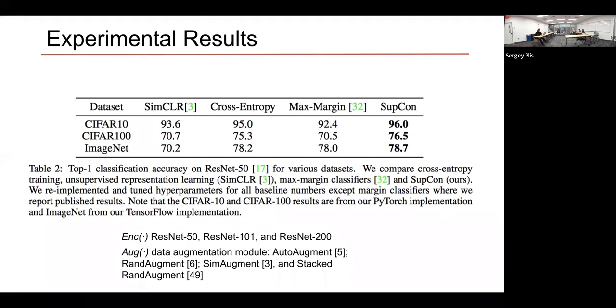But they are saying that for their supervised contrastive loss, as they are going through all possible pairs, they are actually considering hard positive and hard negative too.